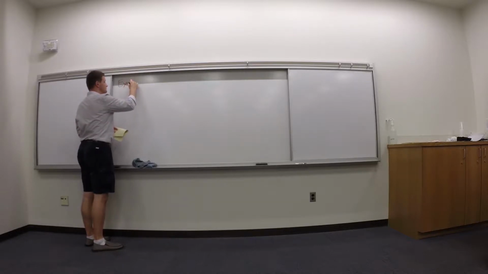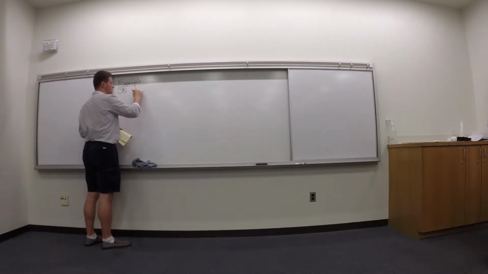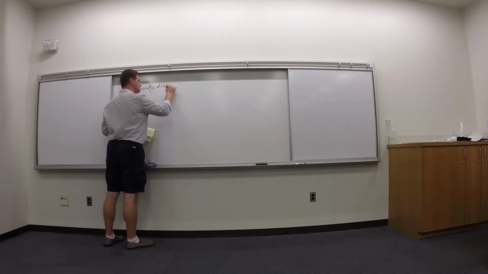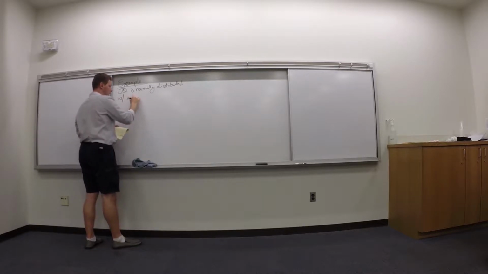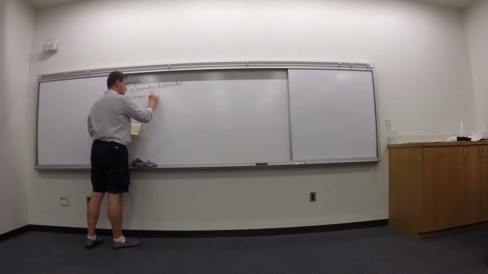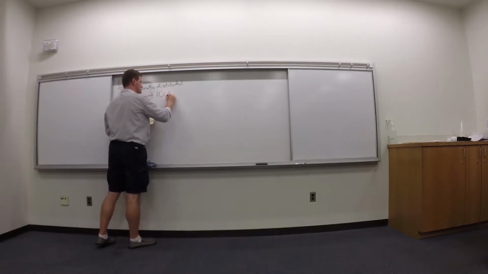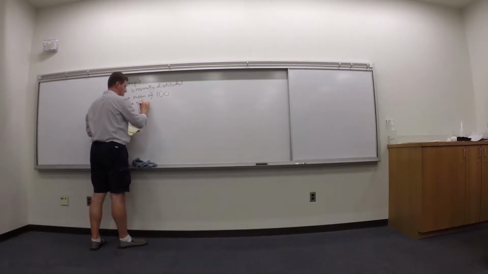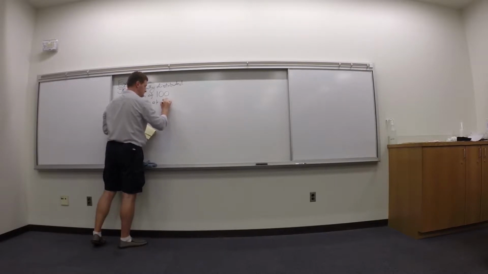Example. IQ is normally distributed with a mean of 100 and a standard deviation of 15.